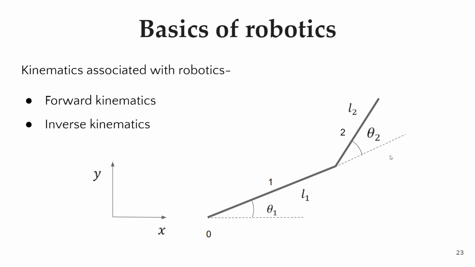So the forward kinematics would be that if I know the angles theta 1 and theta 2, I'm able to calculate the position and the orientation of the robot. And on the contrary, the inverse kinematics would be that I am given the endpoint, say x and y of the robot, and I'm able to determine theta 1 and theta 2, which basically means I'm able to determine the orientation and position of the robot.